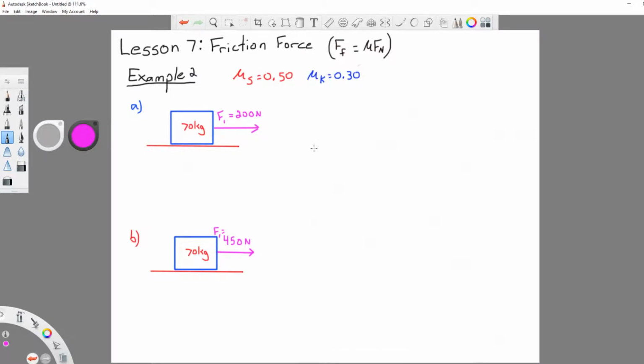So, where to start? Let's just start changing our marker color. I've got red and blue out already. Well, we'll do red. Alright, well, first thing that I want to do is I want to find normal force. So, in the y direction here, we have force of gravity downward.